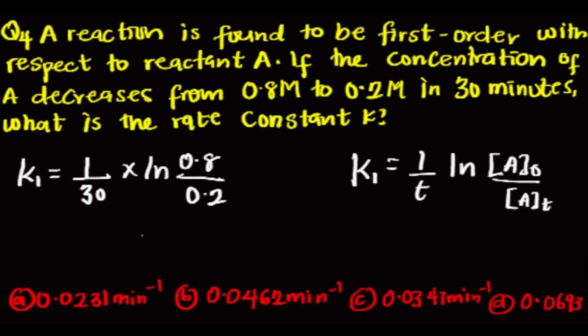Now we just need to solve this. The rate constant is equal to 1 divided by 30, which gives about 0.033. Then for this expression we simplify: ln of 0.8 divided by 0.2 gives 1.3862.